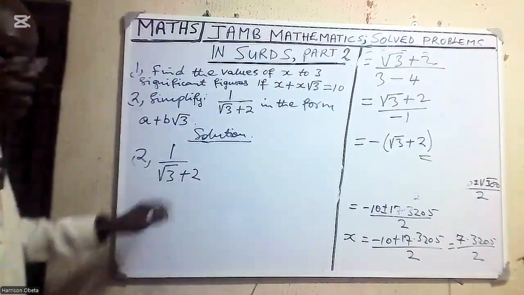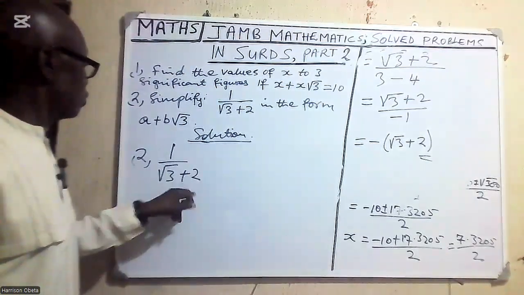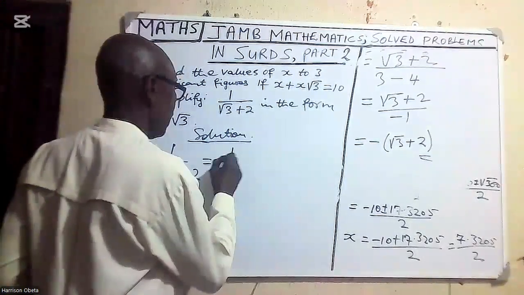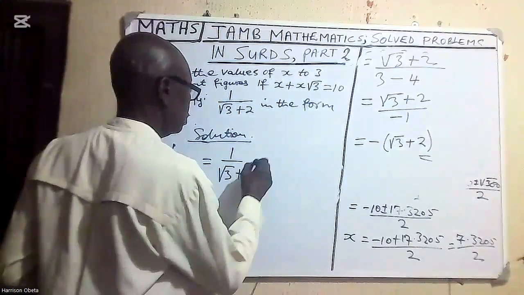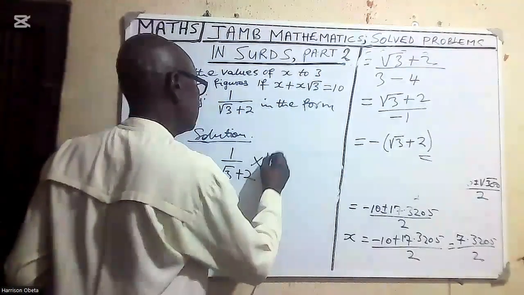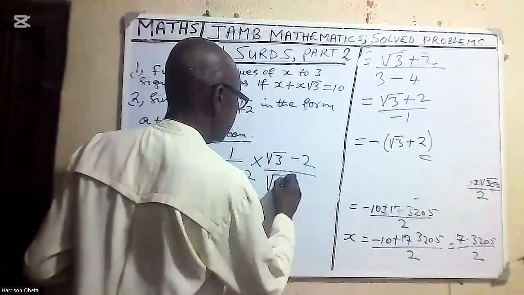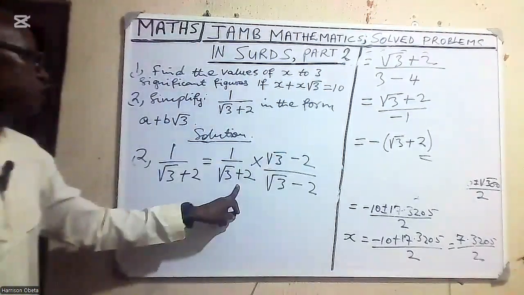We have to rationalize with the conjugate, and the conjugate of root 3 plus 2 is root 3 minus 2. So this is 1 over root 3 plus 2 times root 3 minus 2 all over root 3 minus 2. That is the conjugate of this.